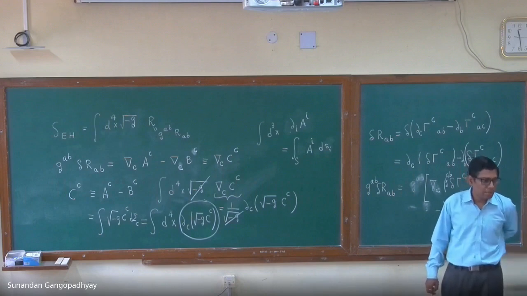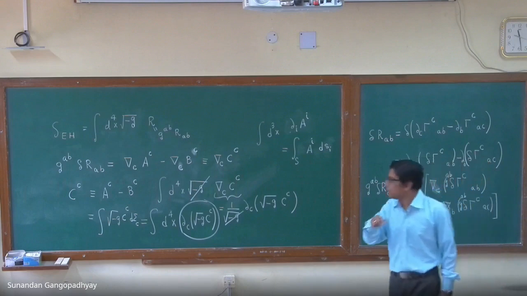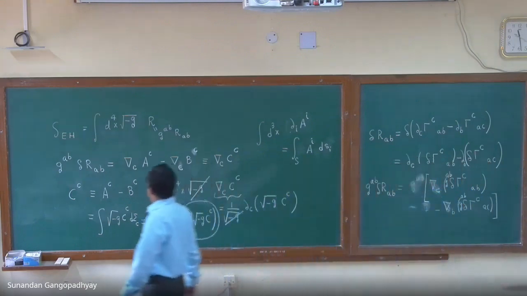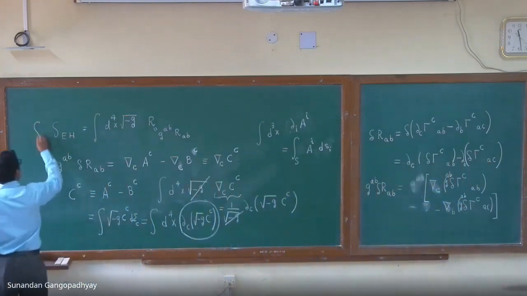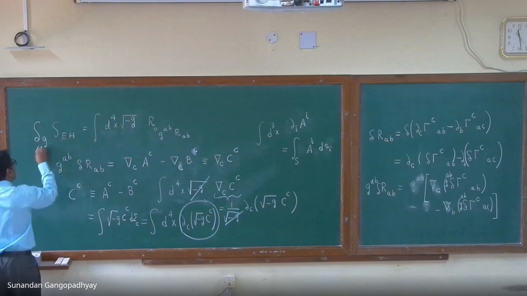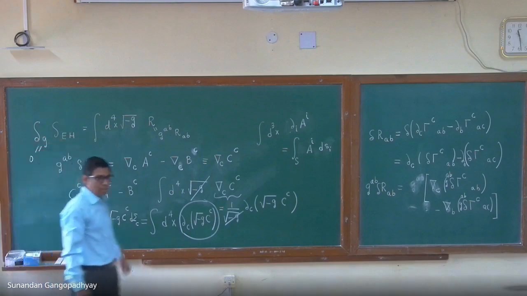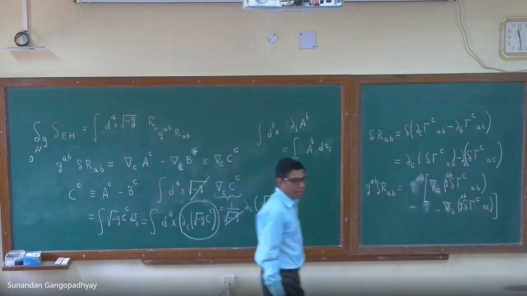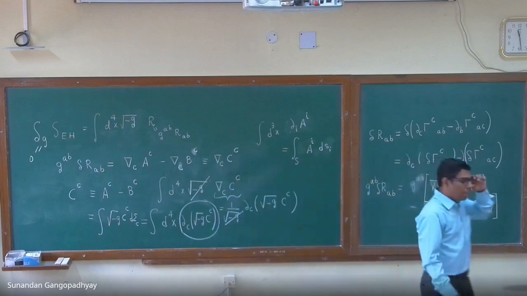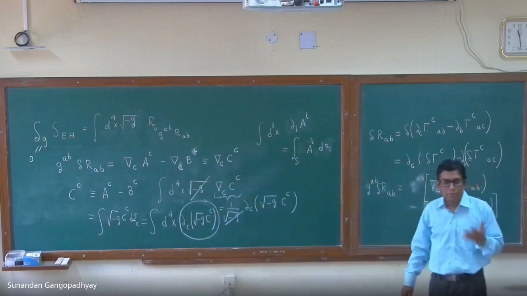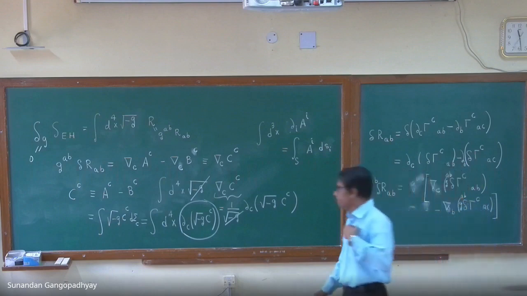That is the principle of least action. So we shall impose the condition that delta S is 0. This is the physics input that we shall put later. And from that input, our aim is to get the field equations of general relativity.